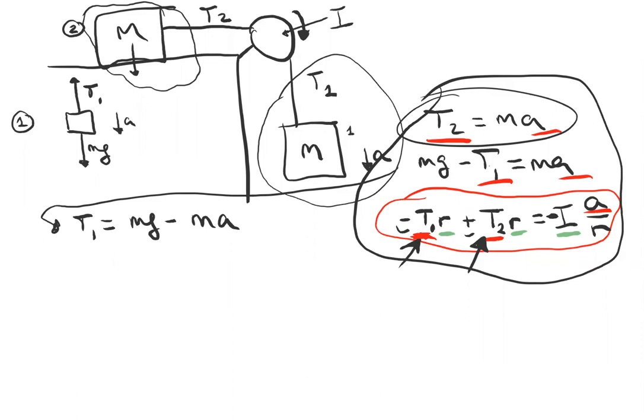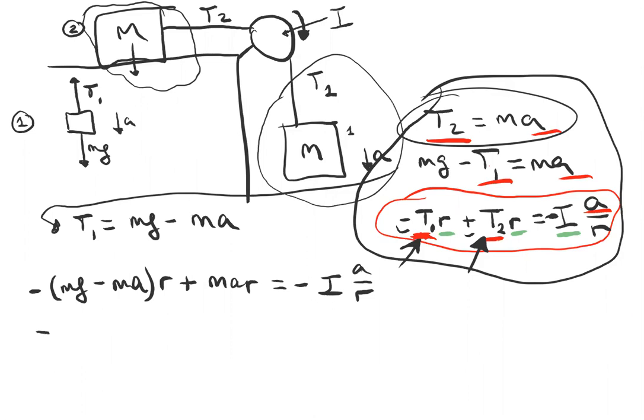So let me resolve this problem again. It's just the sign. Everything else is correct. So this is my T1. This is still correct. I will plug in T1 and T2 in here, and I will get negative (mg minus ma) times r plus ma times r is equal to negative I a over r.